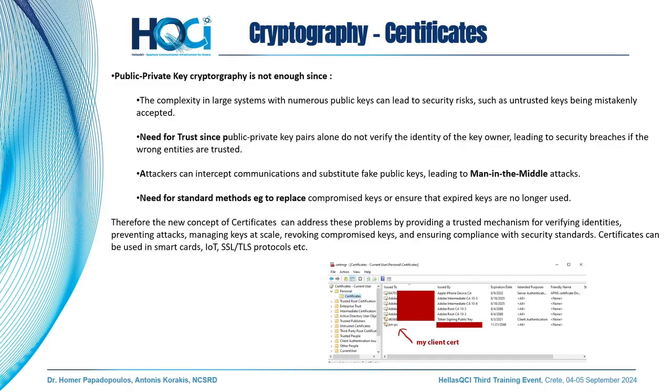They will not allow me to do that because, very simply, they don't trust me. So in that case, we have to invent another entity, which we call CAs, certification authorities, that will verify your data.